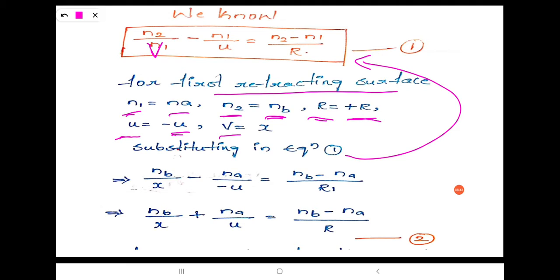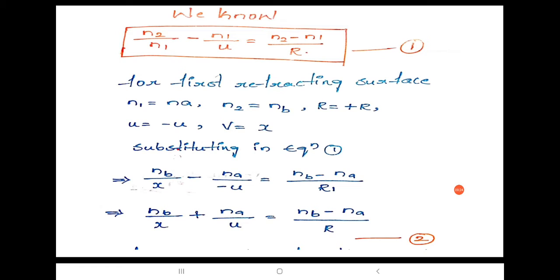Here N2 is NB, V is X, N1 is NA, U is minus U, and R equals plus R1. So NB/X + NA/U = (NB - NA)/R1. This is equation 2 for the first refracting surface.